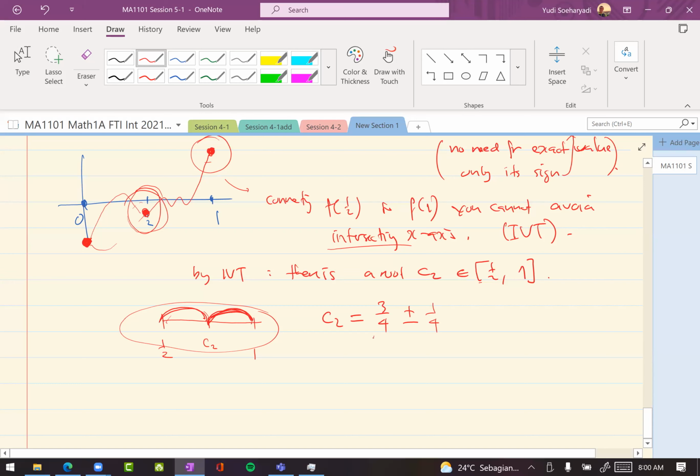So this tells you that c2 is anything between 3/4 minus 1/4, which is 1/2, and 3/4 plus 1/4, that's 1.